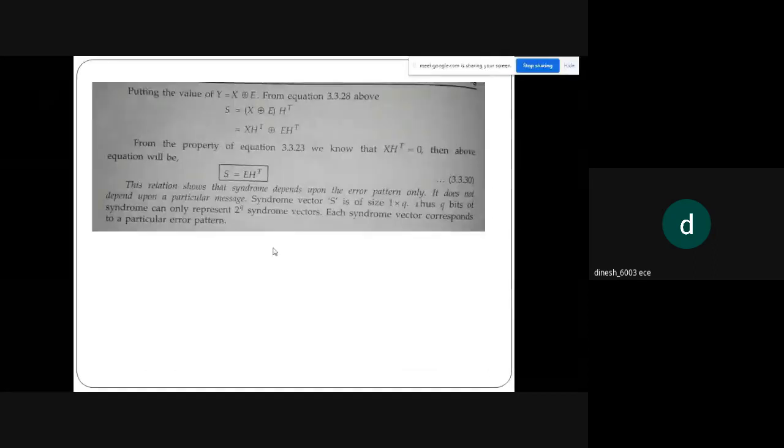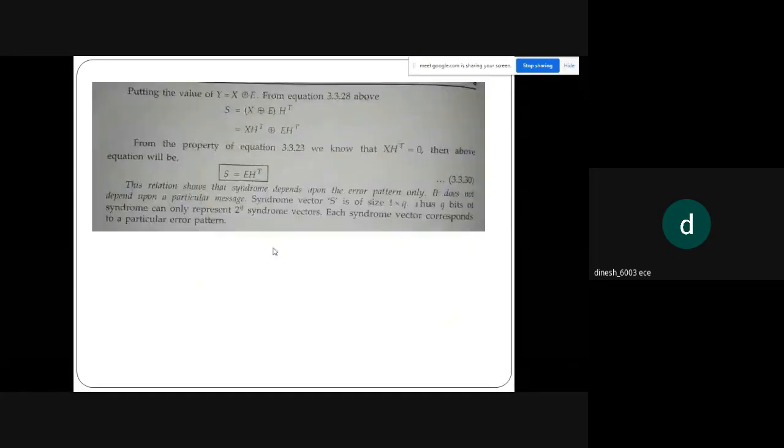The relationship between syndrome vector and the error vector can be obtained by S is equal to Y H transpose. Now simply substitute Y. Y is X modulo 2 addition E. Substitute that, and now bring H transpose inside.